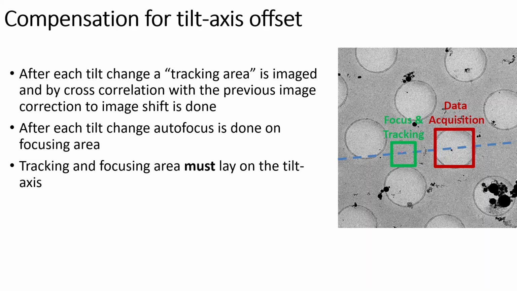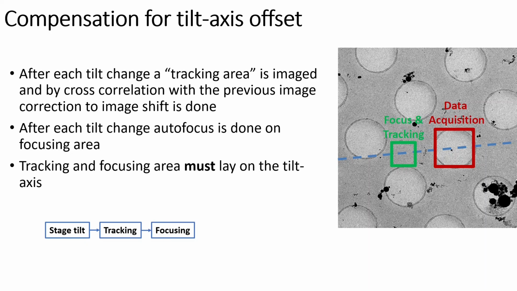Also, as we said, the offset in the tilt axis causes a defocus change. In the same area, you can do some focusing and set the defocus exactly to the same value as it was on the previous tilt. So how the acquisition itself works: you perform a stage tilt, you take a tracking image, you cross-correlate the tracking image with the tracking image of the previous tilt, then you know what beam shift or image shift corrections you need to perform to have your data acquisition area at the same place.